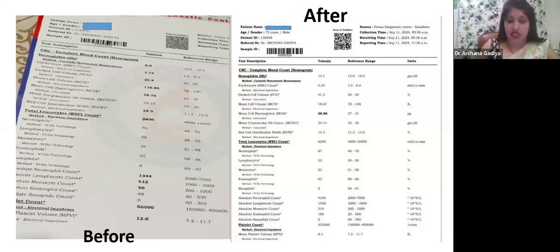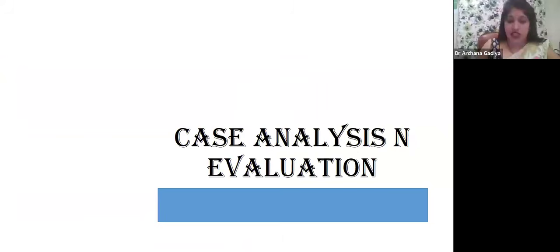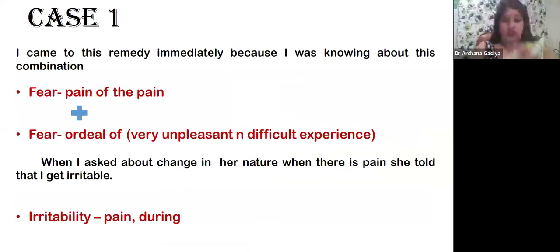So let's quickly see the case analysis and evaluation. In the first case, I immediately got the feel of this remedy because I knew about this combination.